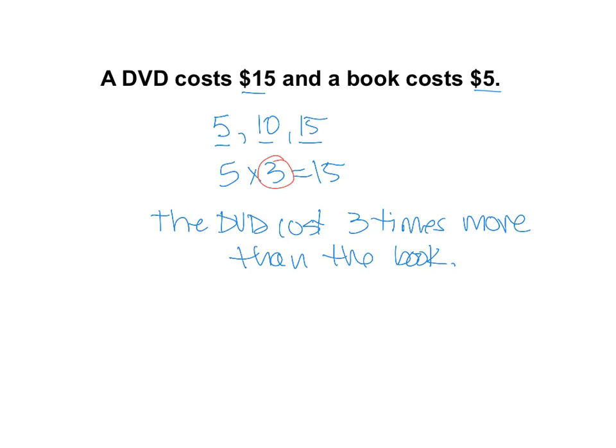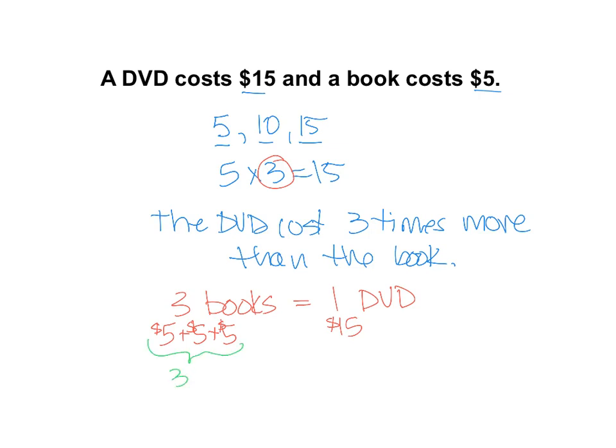Or you could think of it as 3 books equal 1 DVD. Because remember, 1 DVD is $15, and if I count by 3 books, I'd have $5 plus $5 plus $5. This is the same as saying 3 times, because you're doing your 5 3 different times.